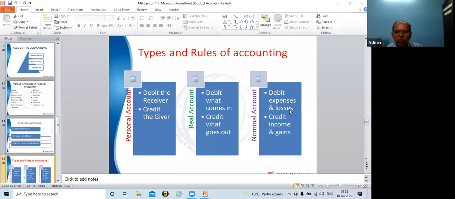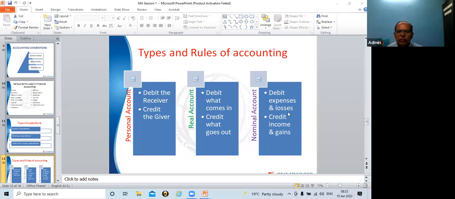Depreciation is also an expense for the organization because we treat depreciation as an expense. We all learned in the last session what depreciation is. So all kinds of expenses, salary, wages, power, etc. These expenses should be debited.